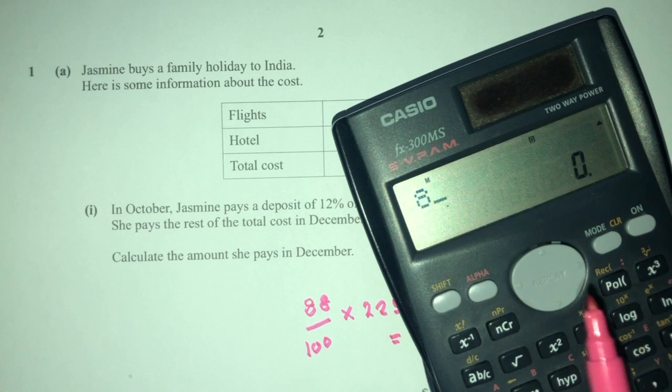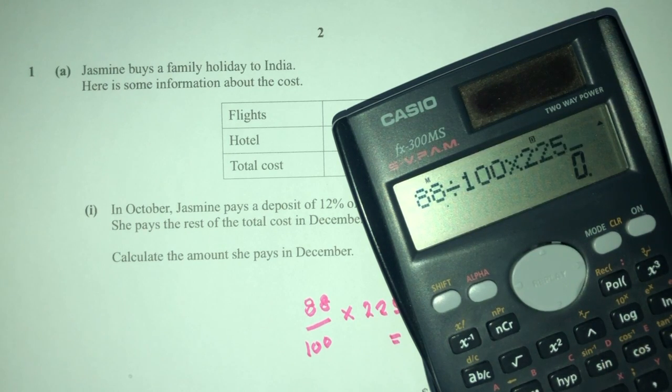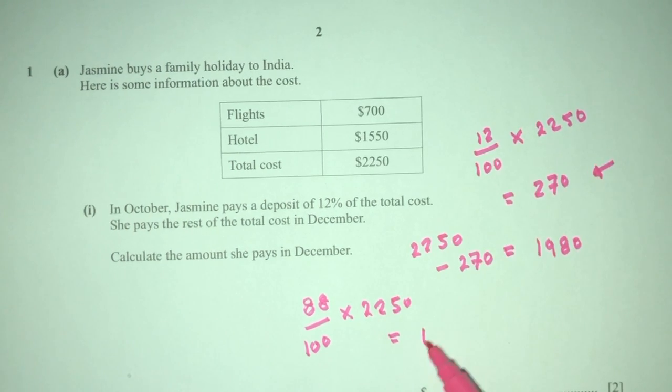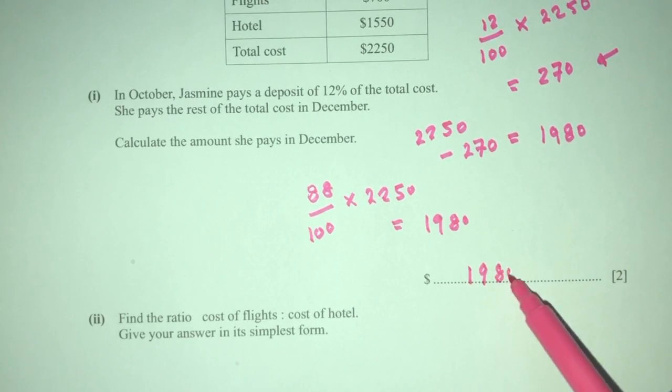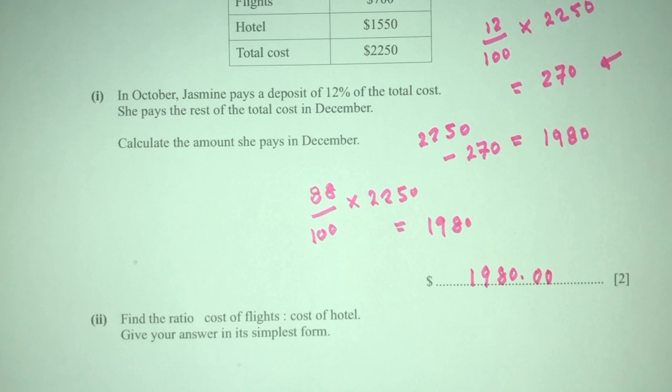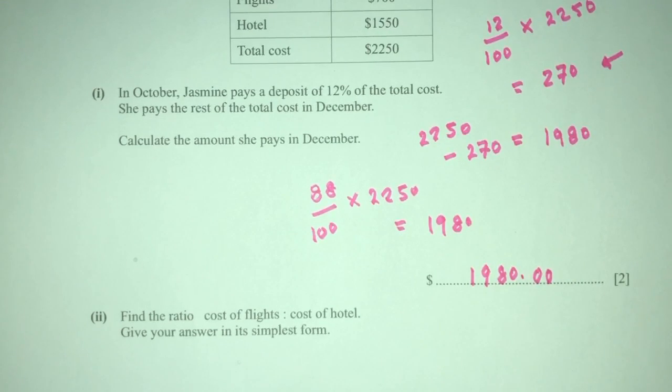So 88 divided by 100 times 2250, and that should also give you the same answer. So your answer will be 1980.00. For money, I will always recommend using this kind of notation, correct to 2 decimal places.